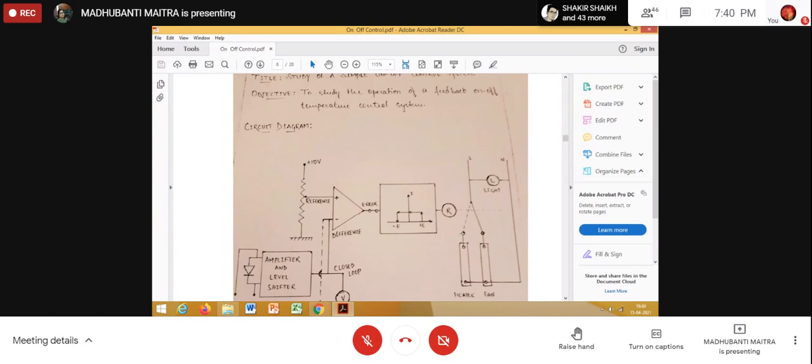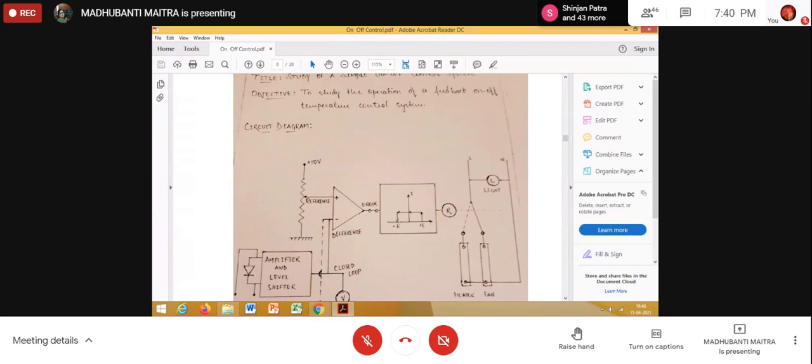The temperature of the plant will increase, and we want that because the temperature of the plant should be maintained within these two values, that means from 65 degrees to 75 degrees, right?